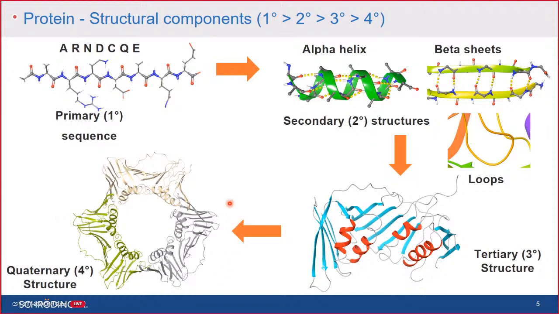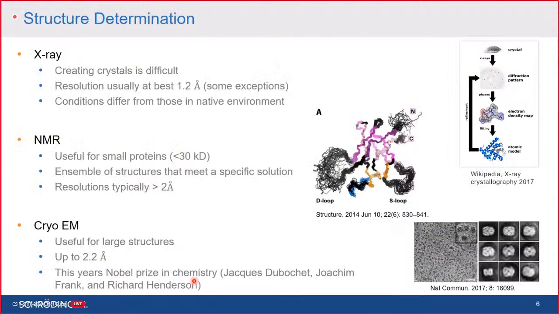So the idea is that we can build either a tertiary structure or a quaternary structure, based on your requirement. For structural determination, as you might already be aware, there are various methods, for example X-ray crystallography, the NMR method, and the cryo-EM method, for solving the structure of your target, which can be protein, DNA or RNA. Each has specific requirements that we can discuss in more detail if you are interested.